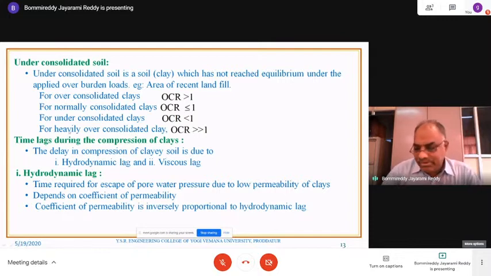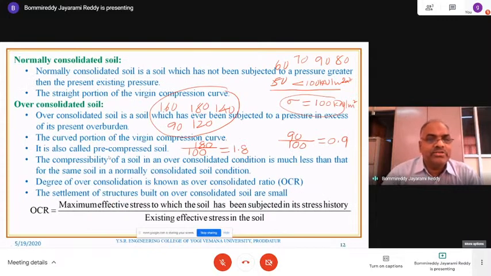Okay. So there are three different types that you have seen now. Normally consolidated soil means soil which is now going to consolidate because of the present existing pressure.